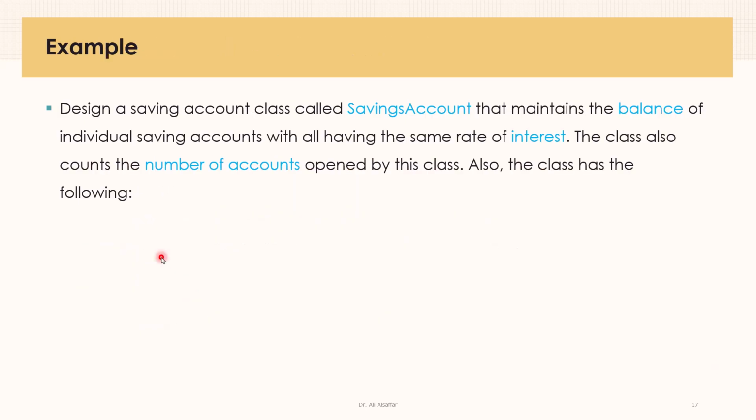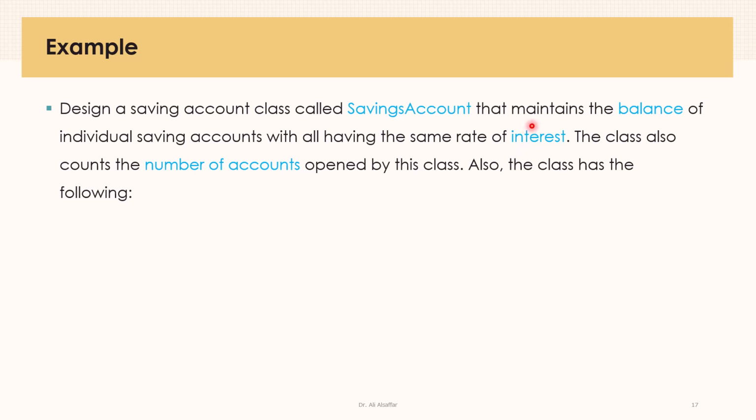As an example of a class with a combination of static and non-static methods, we are going to design a savings account class called SavingsAccount that maintains the balance of individual savings accounts, with all accounts having the same rate of interest.